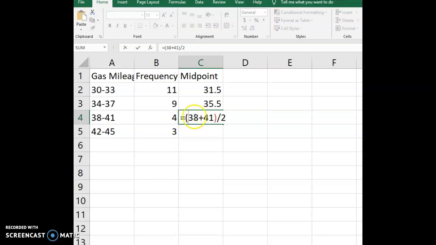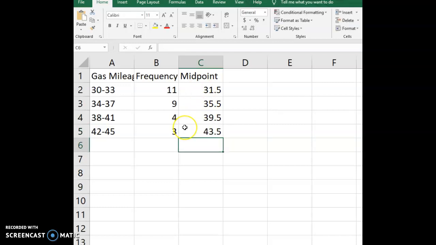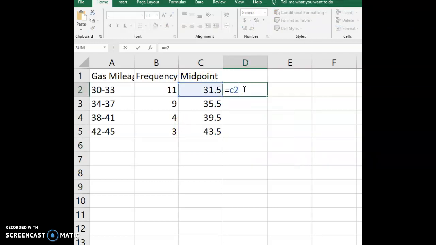I got to make sure I put that in parentheses so it divides the sum by 2 and not just that second number by 2. And 42 plus 45, add those upper and lower class limits together, divide by 2, and now you have the 4 midpoints. So you take each midpoint and multiply by how many data values are in that particular class.